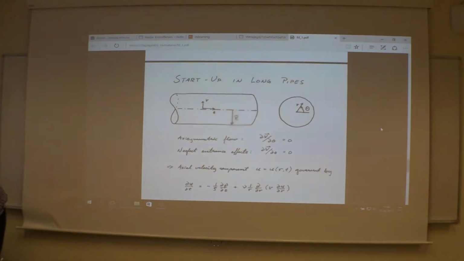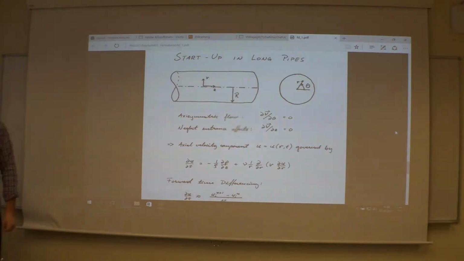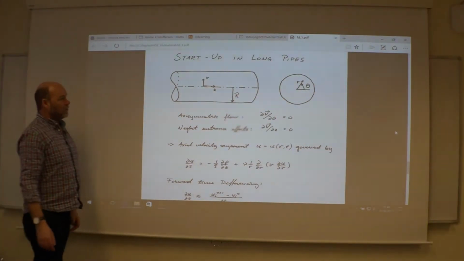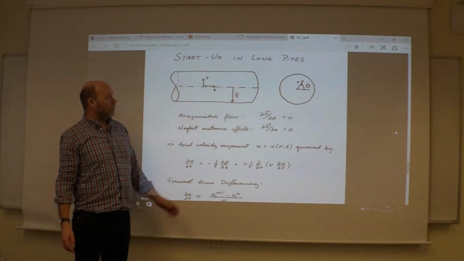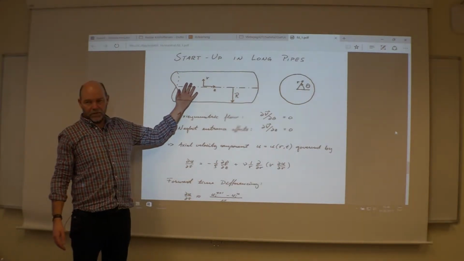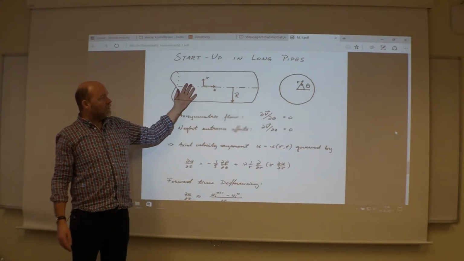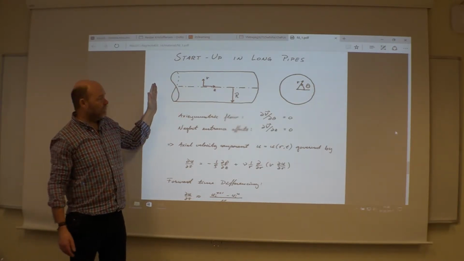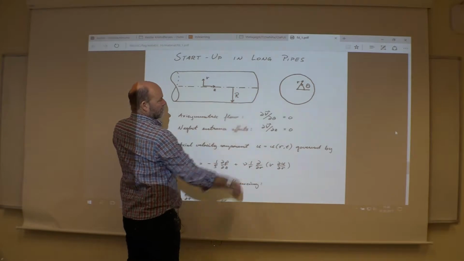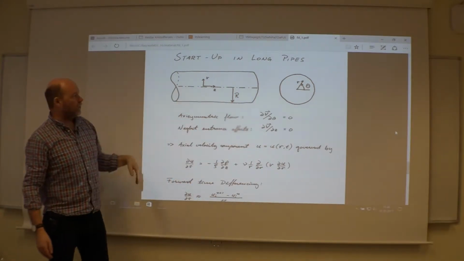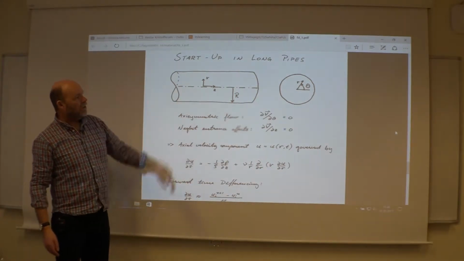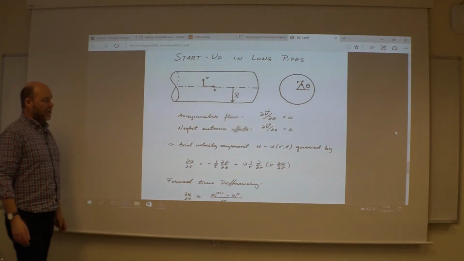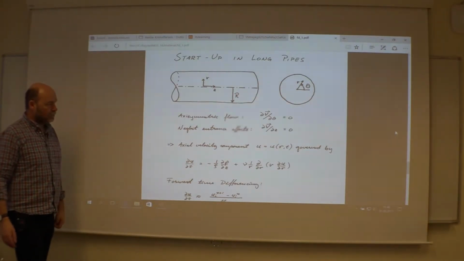So, first example. You have a very, very long pipe, and then we say initially everything is equal to 0, and then at time equals 0, you switch on a driving force in the problem. Say you have a pressure difference, gravity, something that is pushing the fluid here to the right.